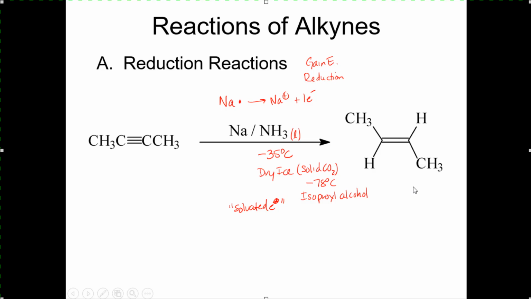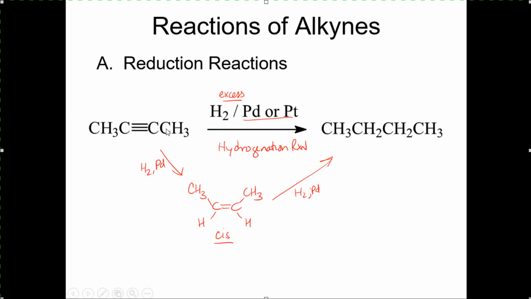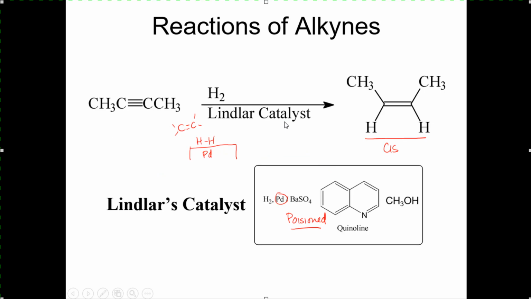So just to take a step back before we go to the final topic for alkynes: if you want to reduce an alkyne all the way down to the alkane, use hydrogen and unpoisoned palladium or platinum. If you want to stop at the cis alkene, poison the palladium catalyst and make the Lindlar catalyst.